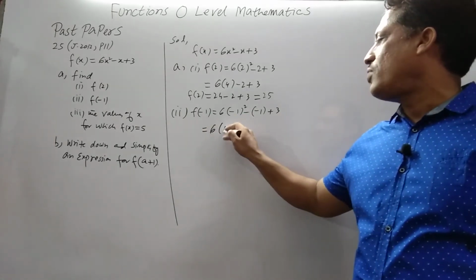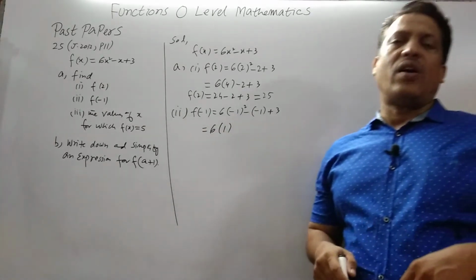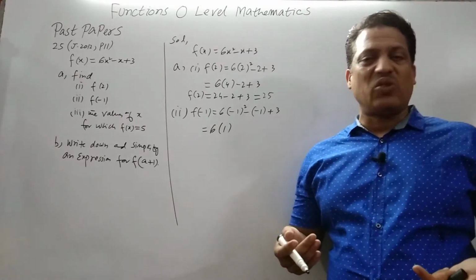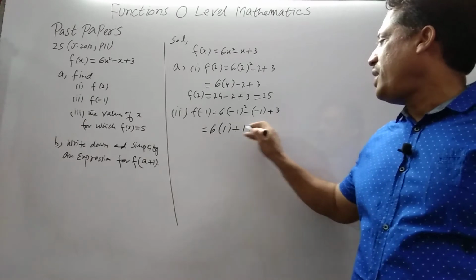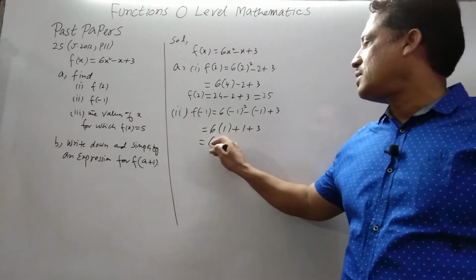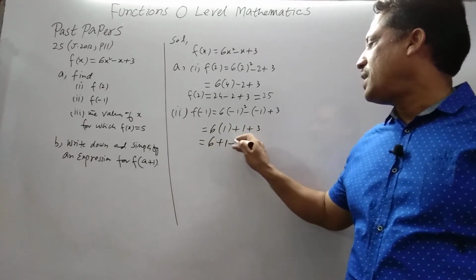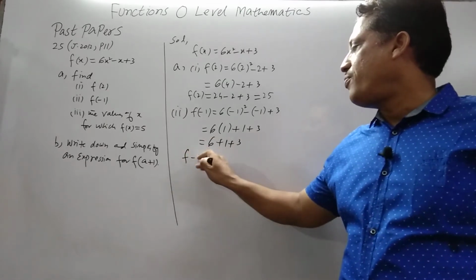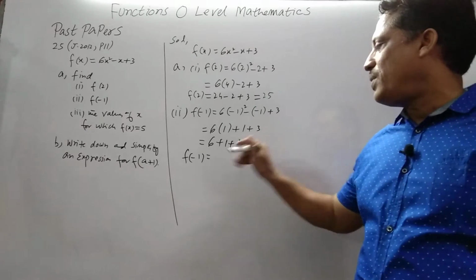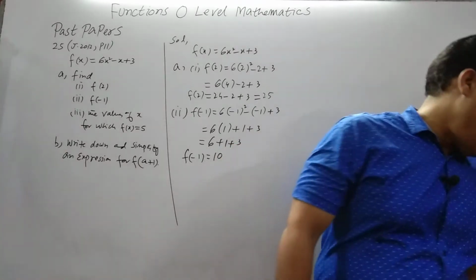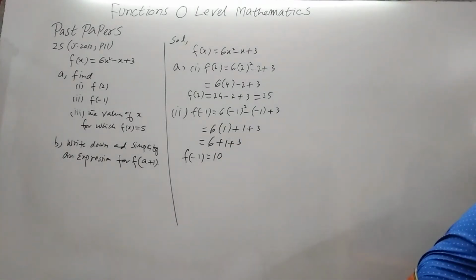Minus 1 squared is plus 1, because the square of a negative number is always positive. Minus minus is plus, so 6 ones are 6, plus 1, plus 3. So f of minus 1 is 6 plus 1 is 7, 7 plus 3 is 10.